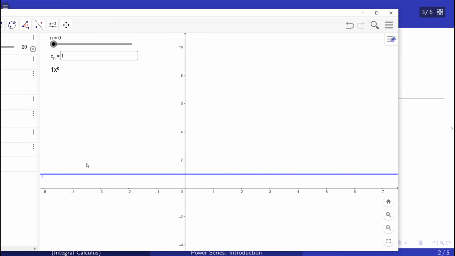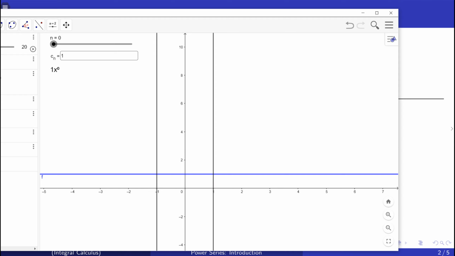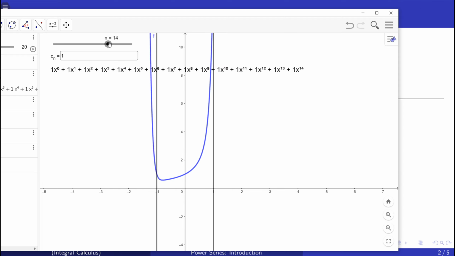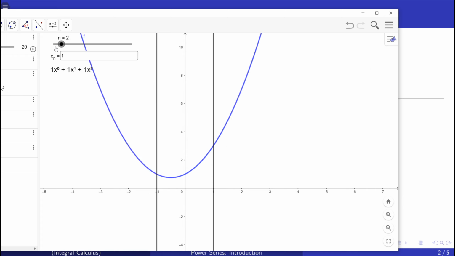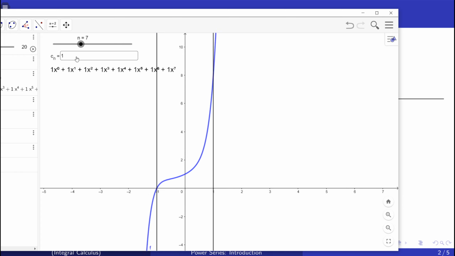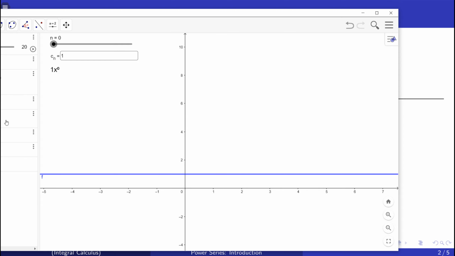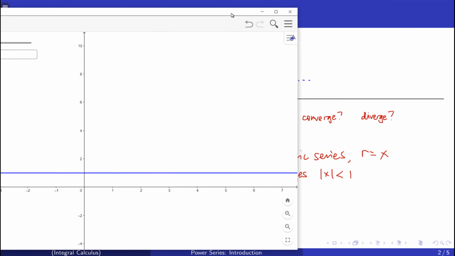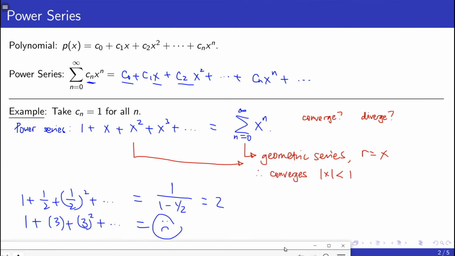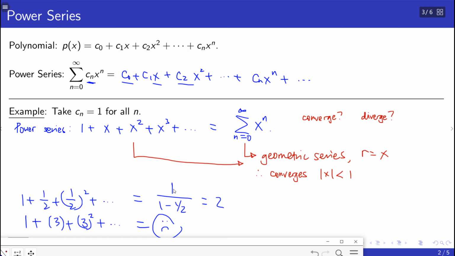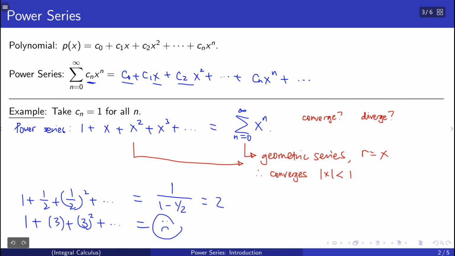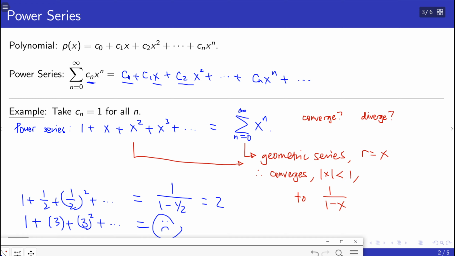So in fact, as we saw on the slides, as long as you're in between -1 and 1, you'll converge to a finite value. And what does it converge to? Well, again, we already saw it converges to 1 over 1 minus x in general. Again, that's the formula for the sum of an infinite geometric series.